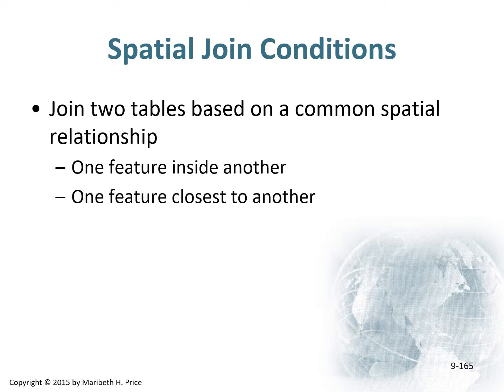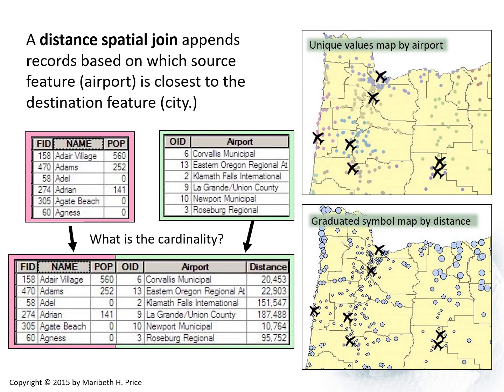Spatial join conditions. Join two tables based on a common spatial field: one feature inside another, one closest to another. The examples that they use are these cities and airports. If you join the airports to the city, then each city will have its closest airport identified, and then that airport's information will be joined with the city.